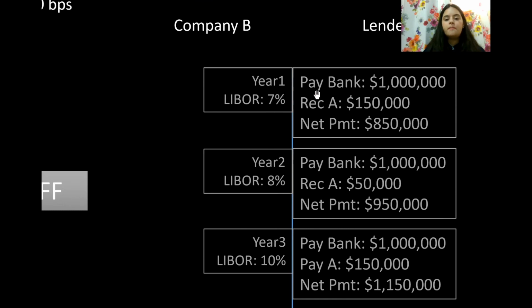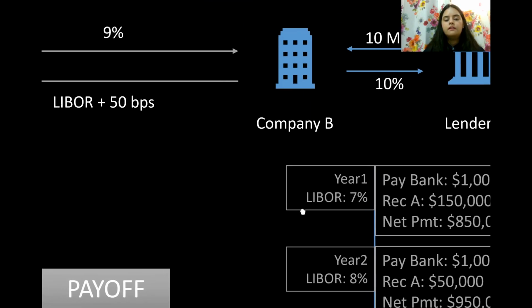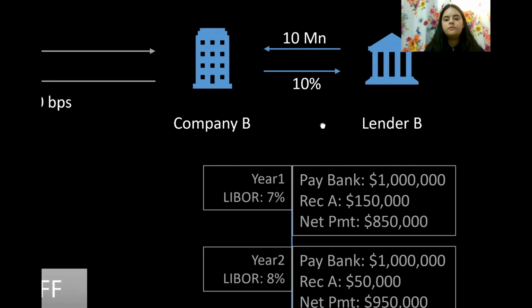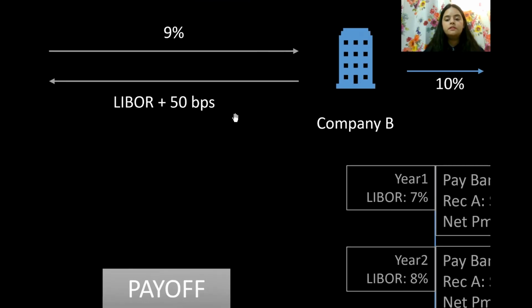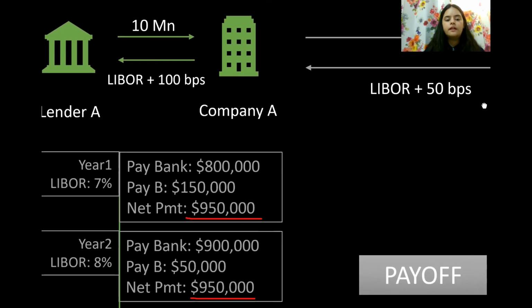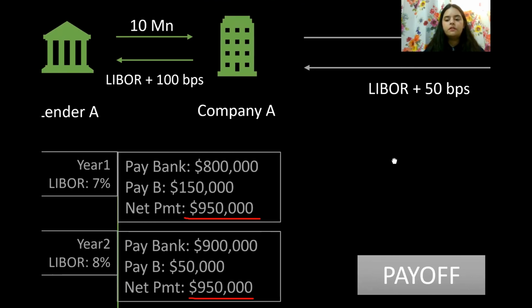So in year one, company B pays the bank an interest rate of 10% on 10 million, which is 1 million. LIBOR was 7%. Here we saw that company A was paying company B $150,000.